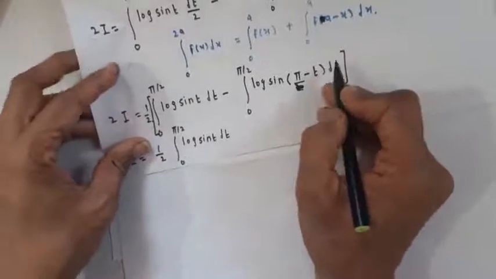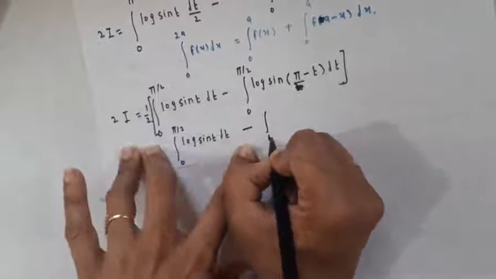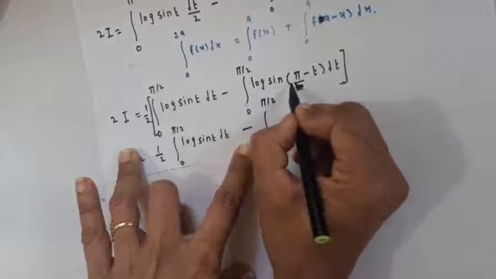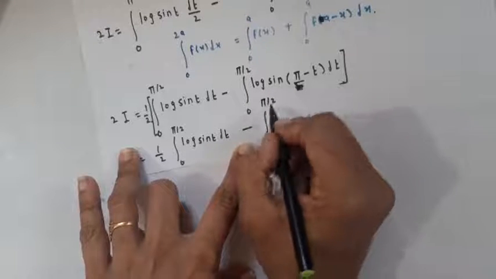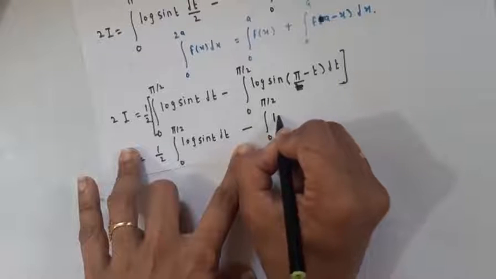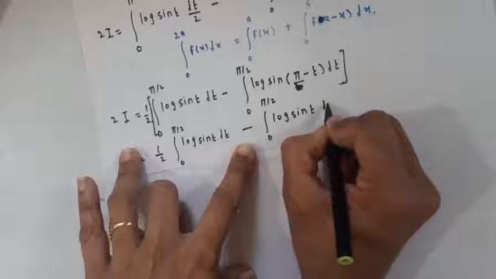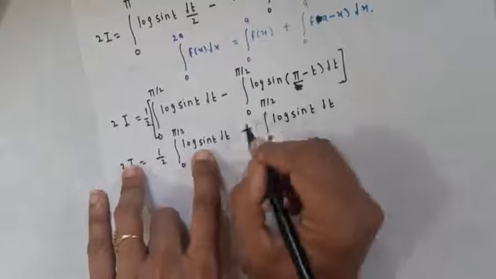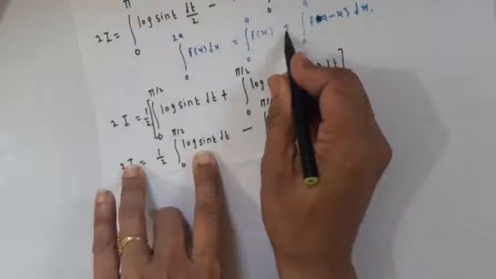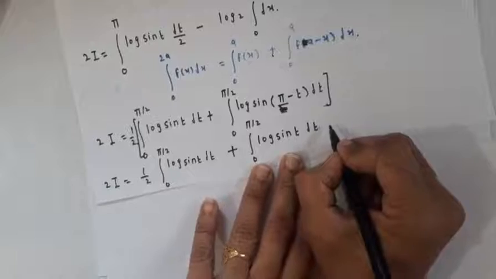This is not pi by 2 minus t, this is pi minus t, and integral 0 to pi by 2 of log of sine of pi minus t is log of sine of t with respect to t. Note this is a plus sign, not a minus sign, as according to this property it is plus.